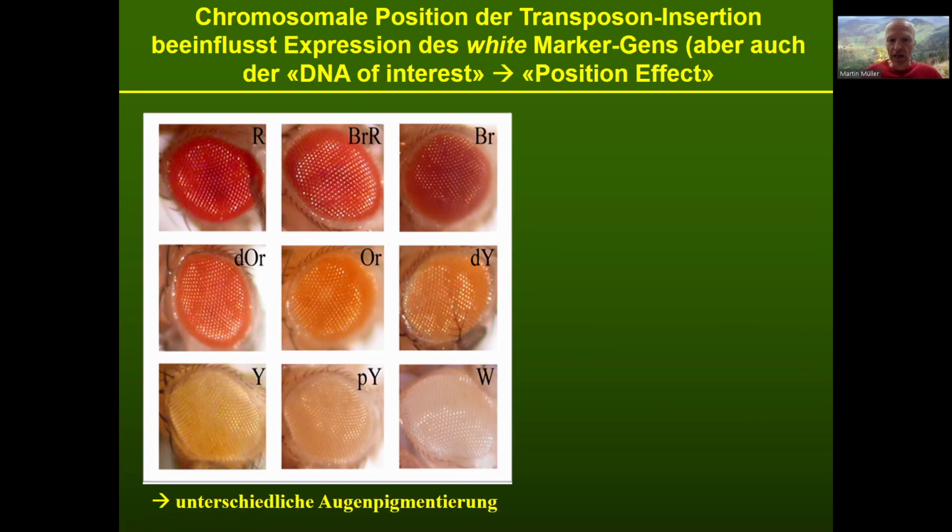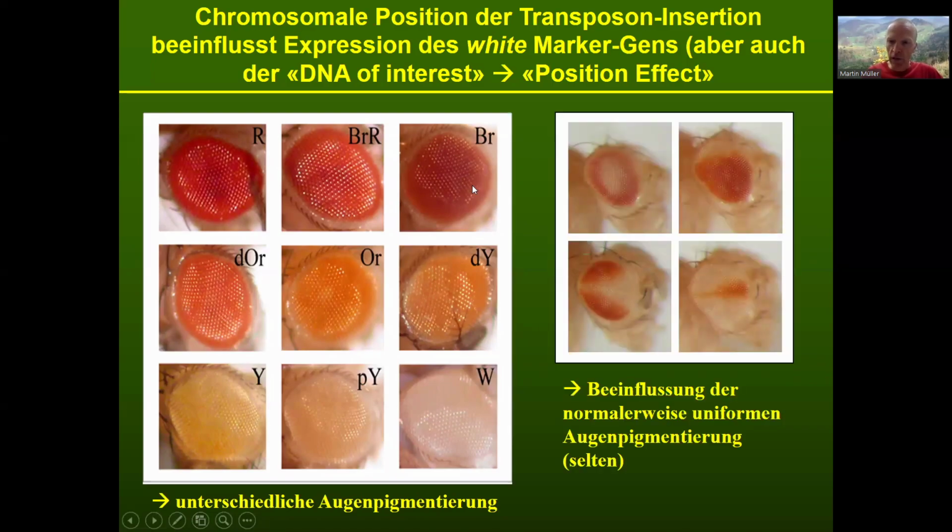Either it's more active or less active, and that we refer to as position effect. Normally, the expression of white is uniform over the whole eye. On rare occasions, you can get quite funny looking patterns of white, but this is rather rare, but it also has been obtained.